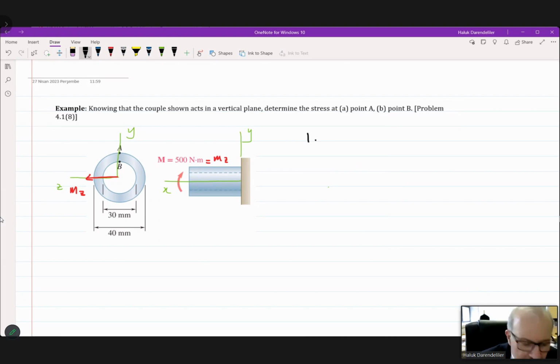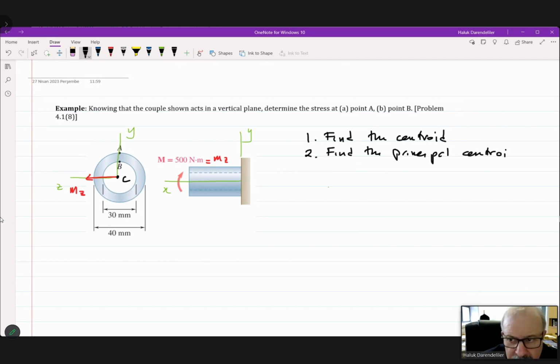First, find the centroid always. In this problem, we know the centroid of the cross section. This is the centroid. You don't need to find it in this problem, but you have to check. Second, find the principal centroidal axis.